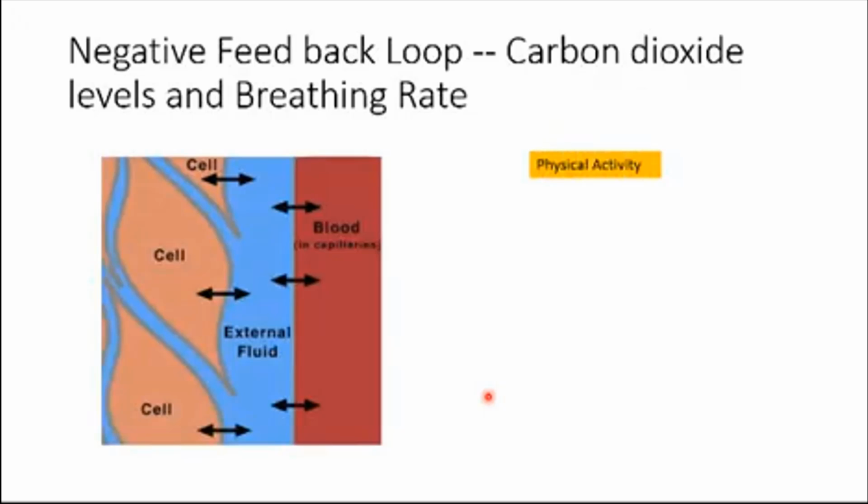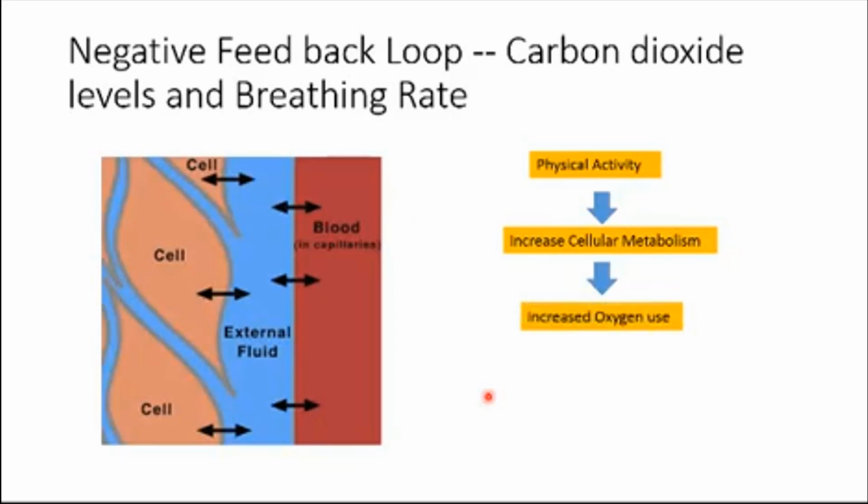So if you have physical activity, that leads to increased cellular metabolism. And cellular metabolism is where oxygen is being used in the cells. Here's our blood. So oxygen is going to be leaving the blood and going into the cells where it's used to break down food and get energy.